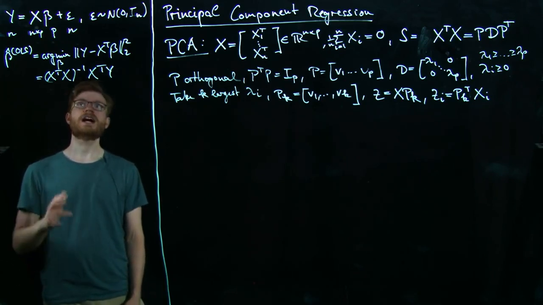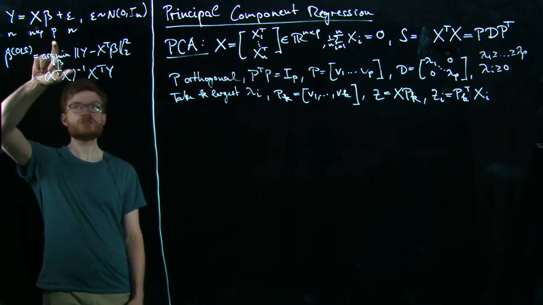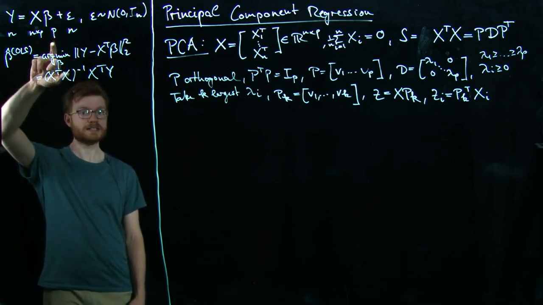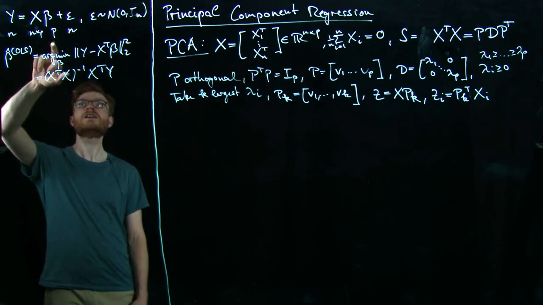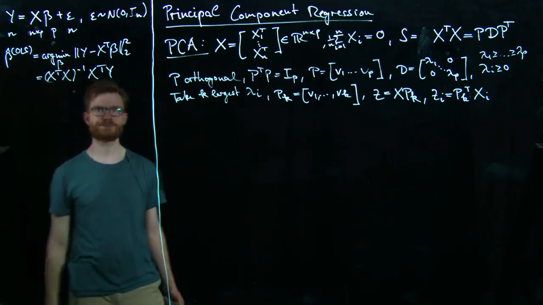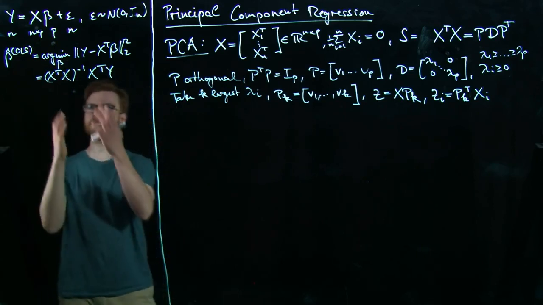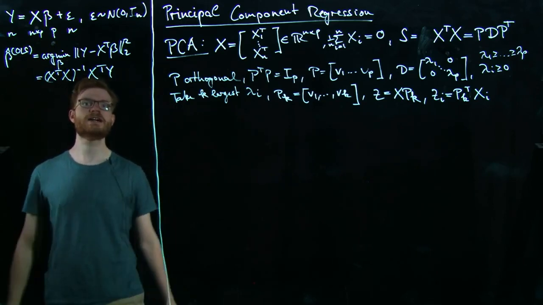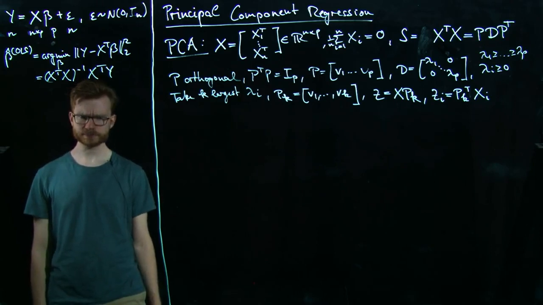And in that case, our number of covariates, those genomic positions, might be more than a million, while the number of data points might be a couple of thousand. So in that case, we clearly cannot use something like ordinary least squares.